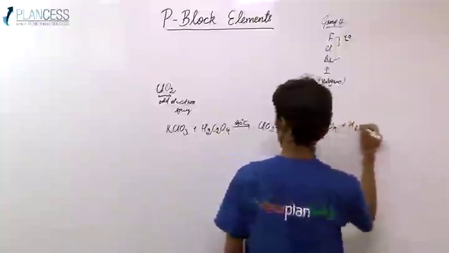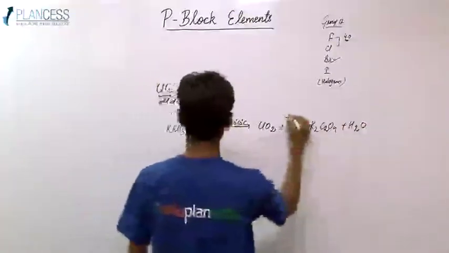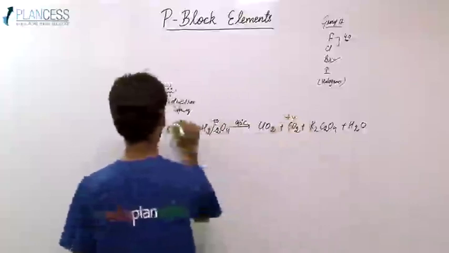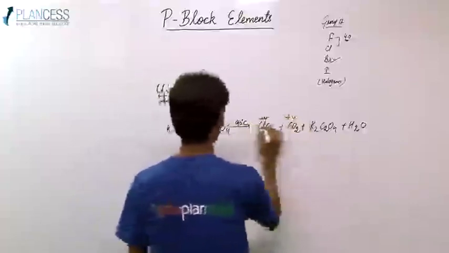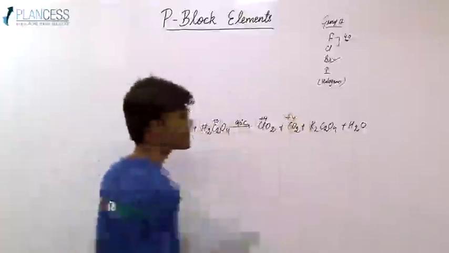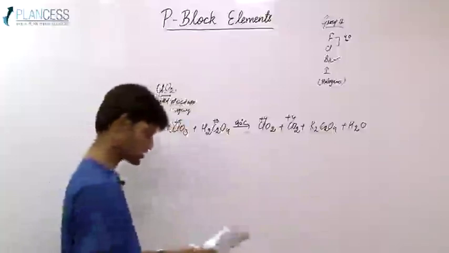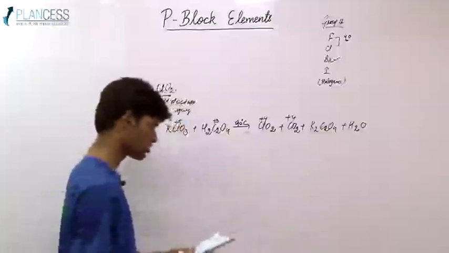This is a redox reaction because C from +3 oxidation state is going to +4 oxidation state, and chlorine from +5 is going to +4. So there is reduction and there is oxidation. You can easily balance the reaction. So this was the preparation step for ClO2.